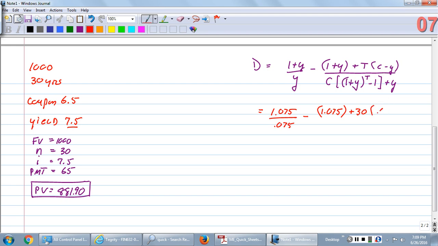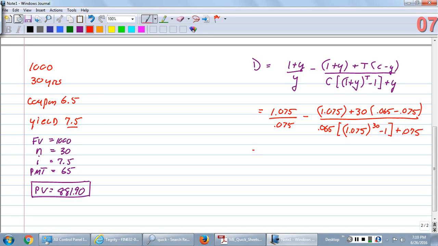Coupon rate 6.5, minus the yield, which is 7.5. Coupon rate 6.5 again, so 0.065. 1 plus the yield is 1.075, raised to the 30th power, minus 1 plus 0.075.